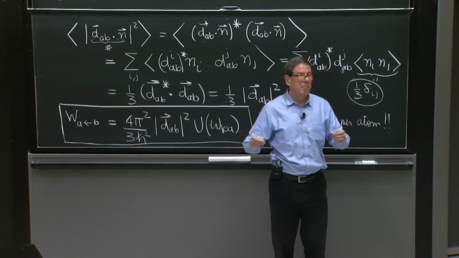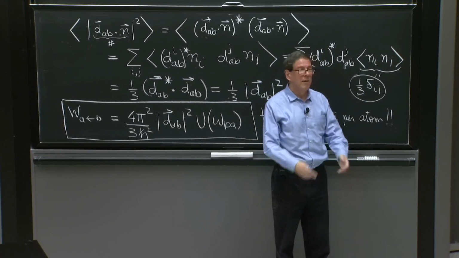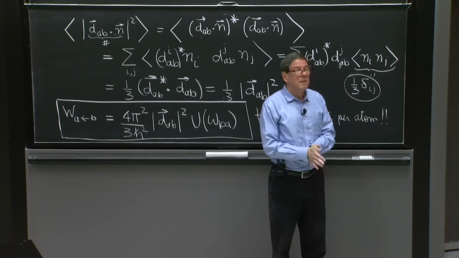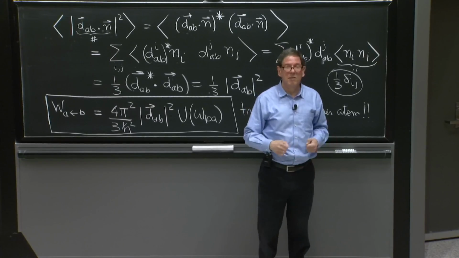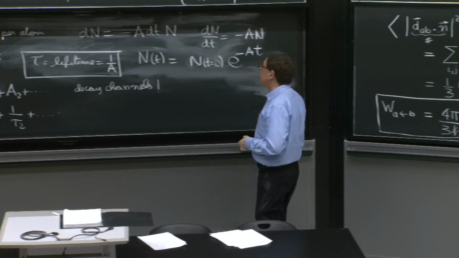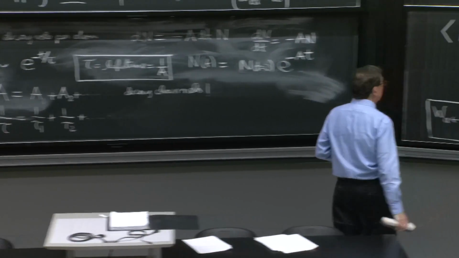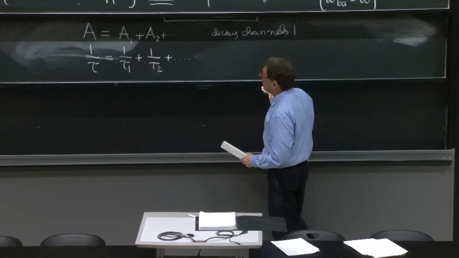You're going to have the ability to calculate the lifetime of an excited state of hydrogen now. That's quite a thing, to be able to get a number that is correct up to factors of 2 and is measurable. So what do you have to consider?